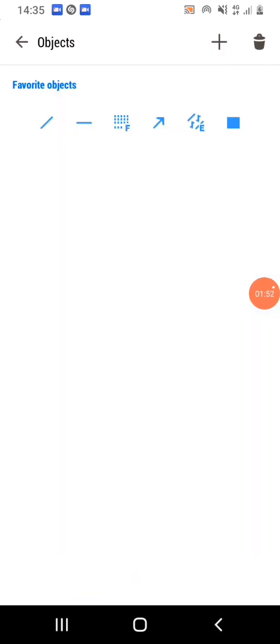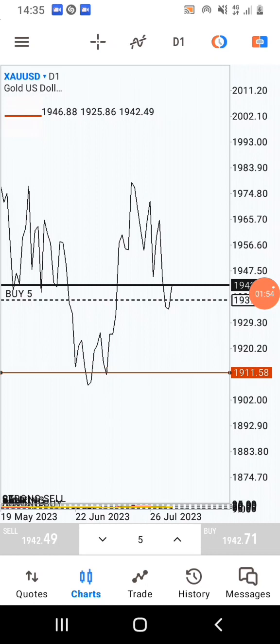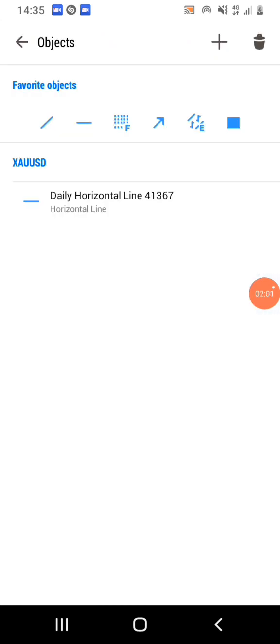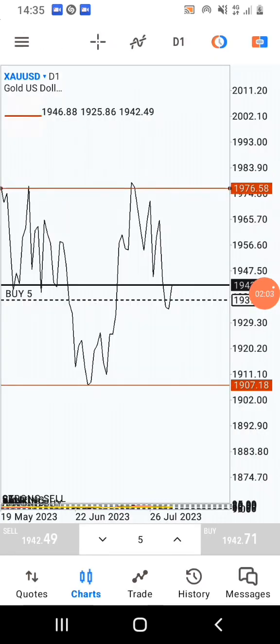I normally switch from the candlestick chart to the line chart because the line chart filters away all the noise. So once I've done that, I just mark out the important support and resistance zones by putting horizontal lines on the chart.